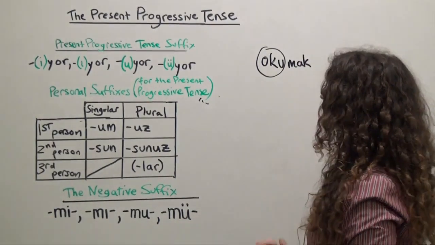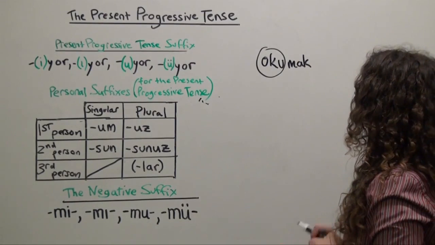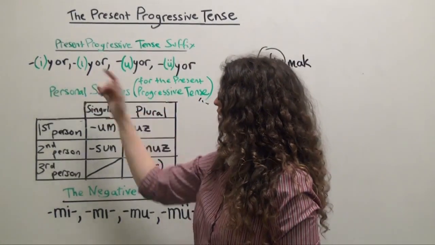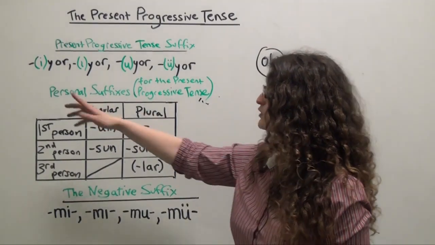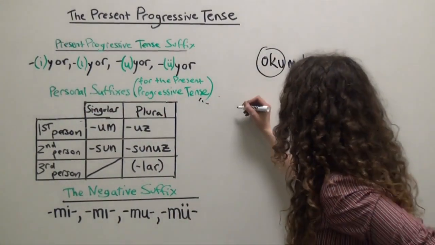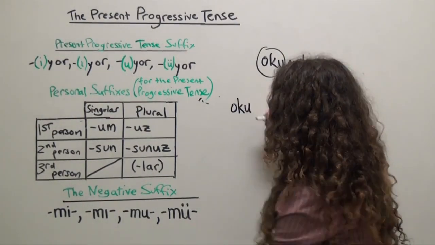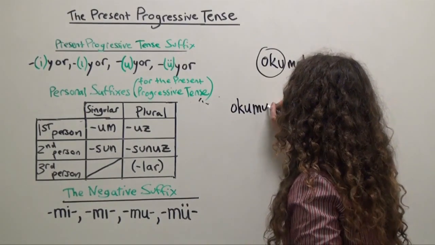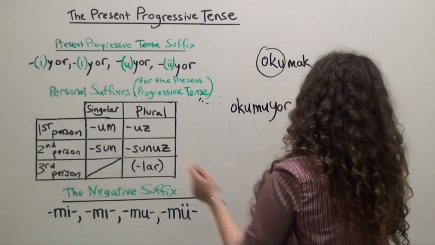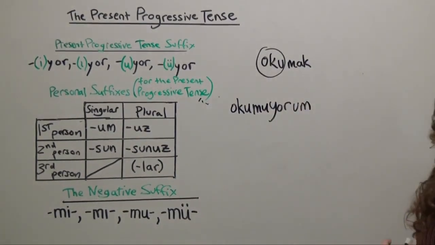You can leave the vowel, regardless of whether the vowel is one of our 4 vowel harmony vowels that we can use for buffers, ı, u, and ü. So for okumak, to say I am not reading or I do not read, oku, mu, yor, okumuyorum. I am not reading.